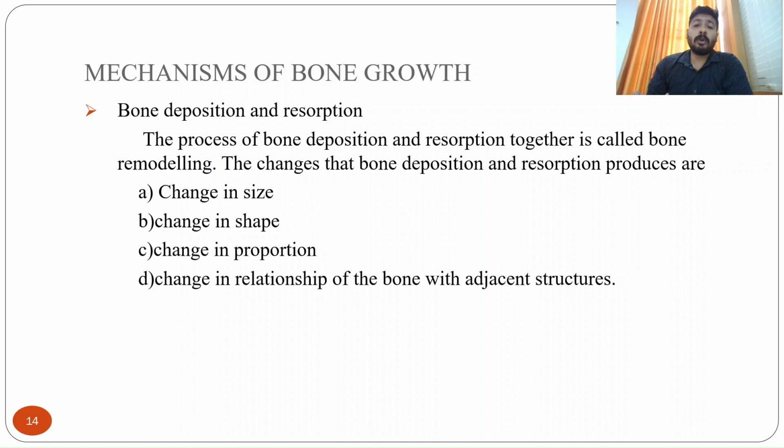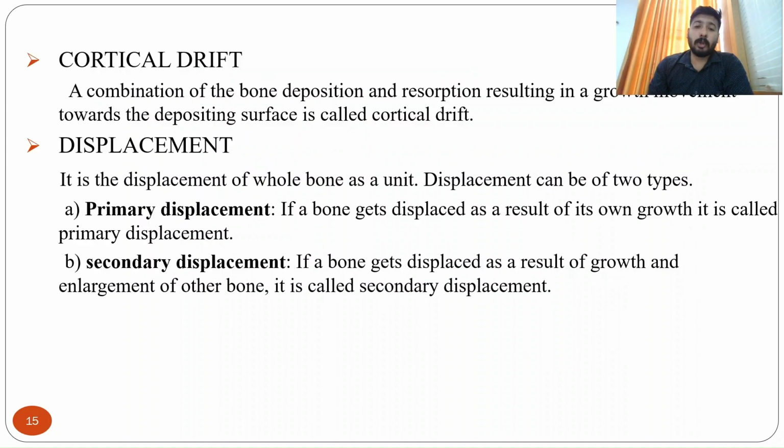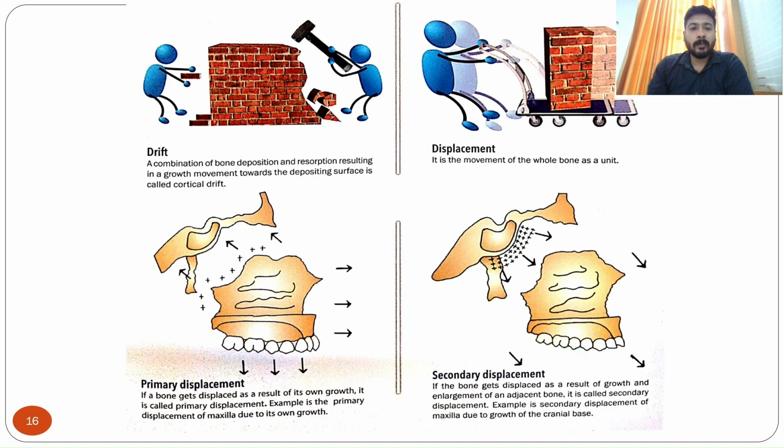So how does bone grow, or what are the mechanisms of bone growth? It tends to occur mainly by two processes, that is drift and displacement. Drift basically occurs due to apposition and deposition, and displacement occurs when the bone is moved as a unit. The displacement can be of two types, primary and secondary.